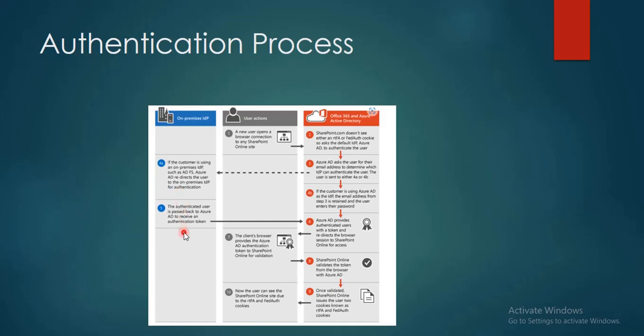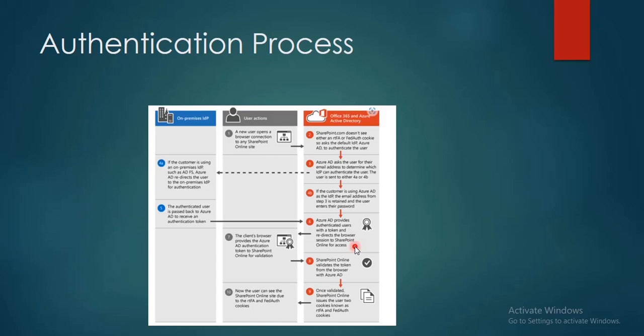After that, the authenticated user is passed back to Azure AD to receive an authentication token. It will validate if the user is authorized to use it, then pass back the token, and Azure AD will take that token and redirect the browser session to online for access.